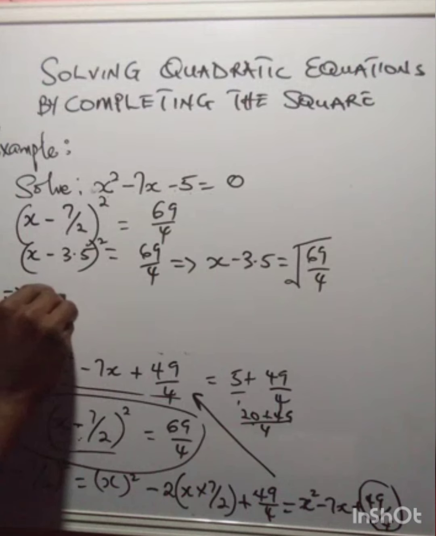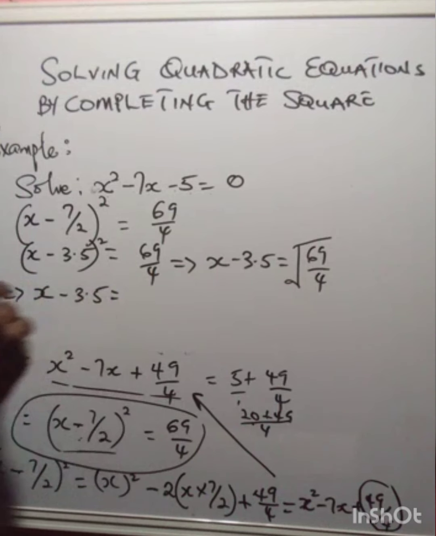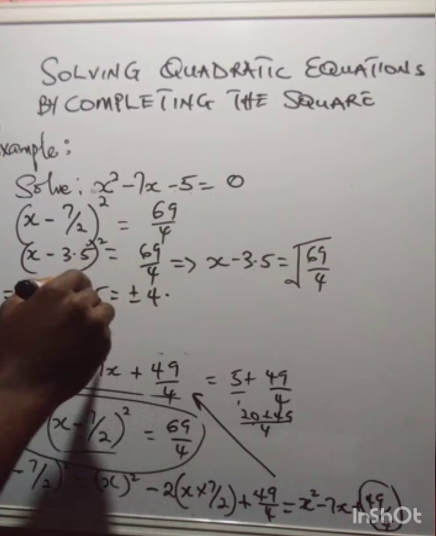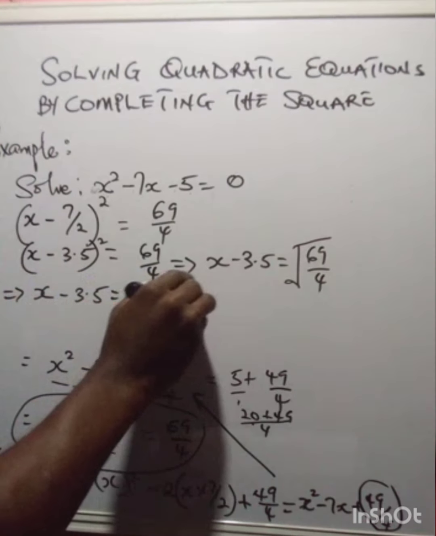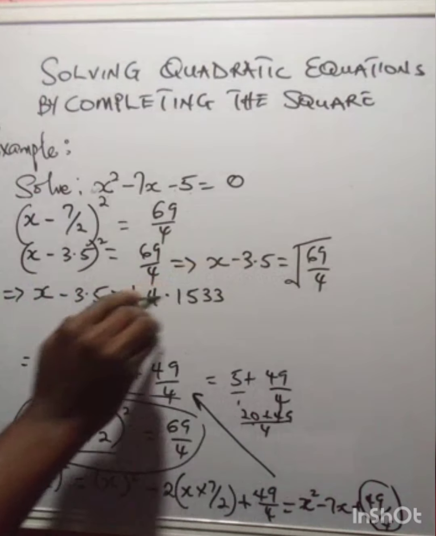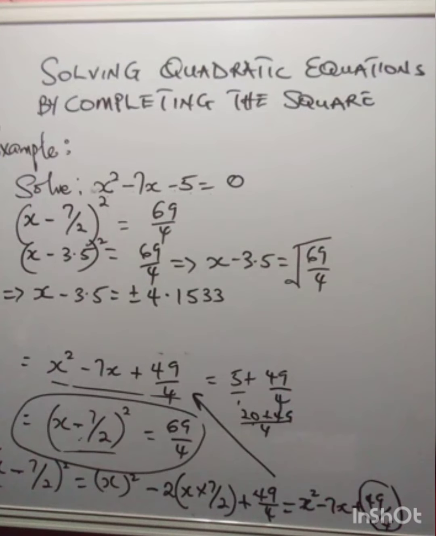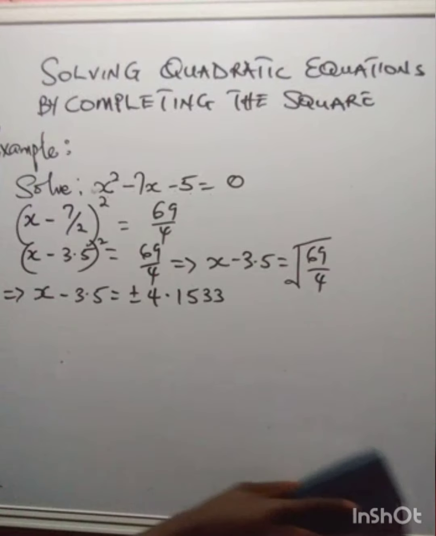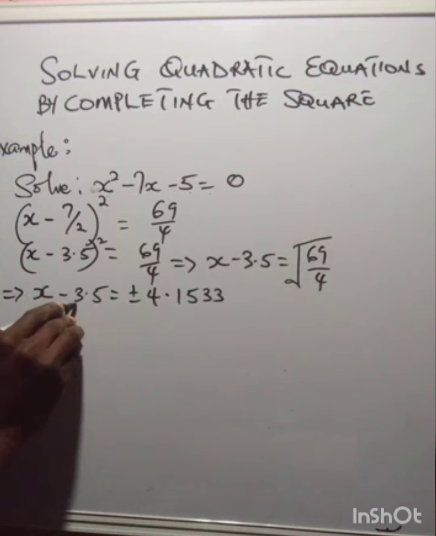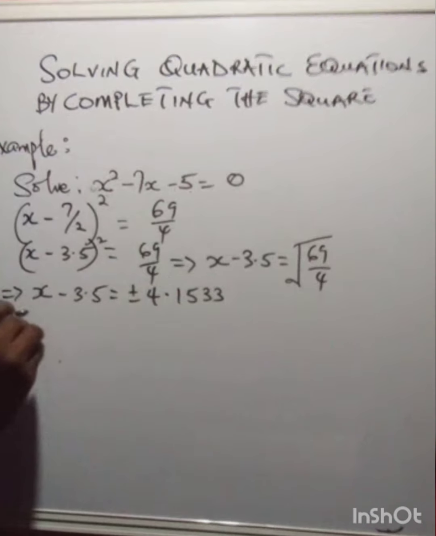This gives us x minus 3.5 equals plus or minus 4.1533. Square root gives us plus or minus. Now we take this, we add 3.5 to both sides.